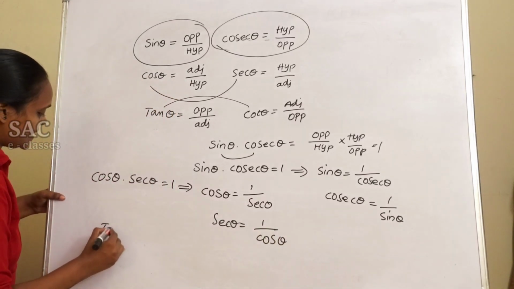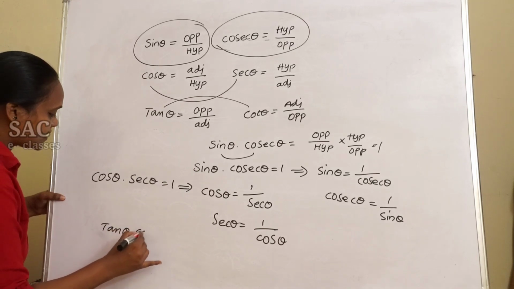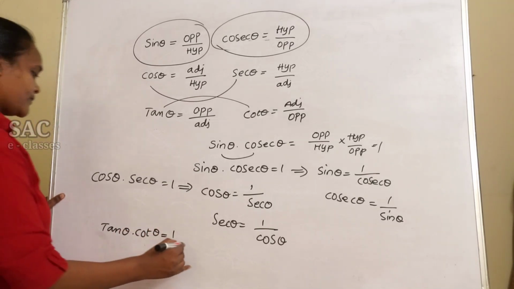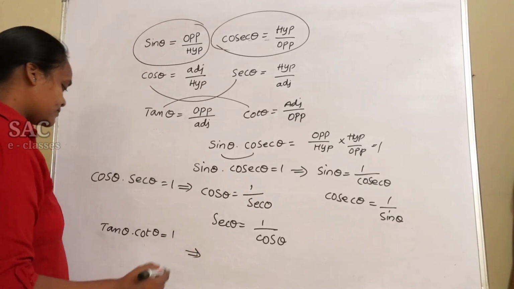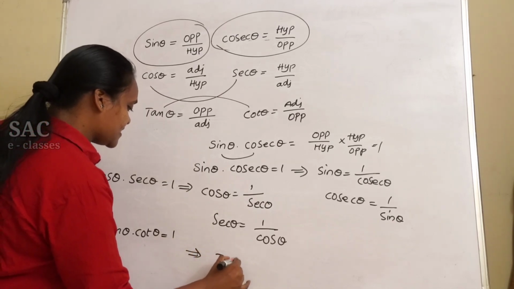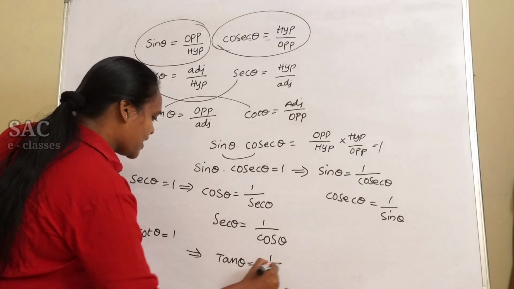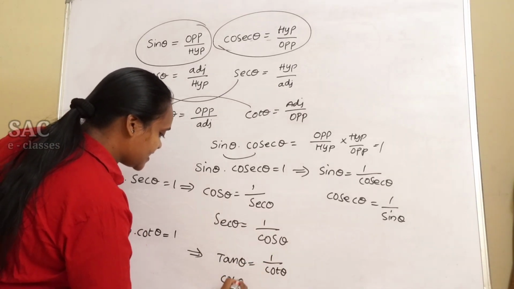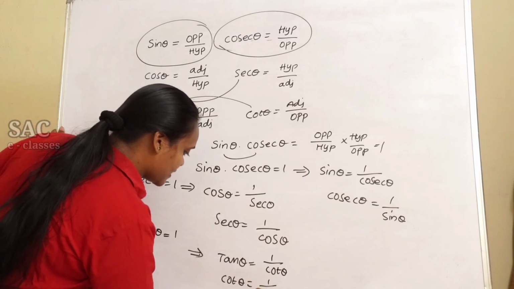Next, tan theta and cot theta are also reciprocal to each other. Then you can write tan theta is equal to 1 by cot theta, as well as cot theta is equal to 1 by tan theta.